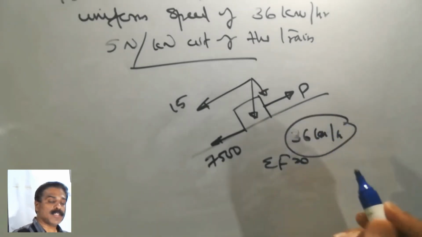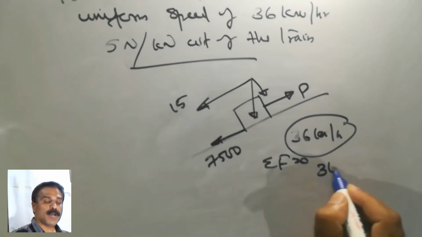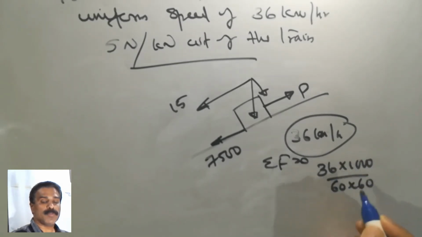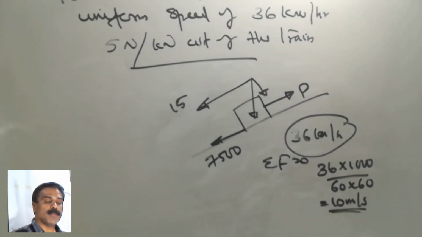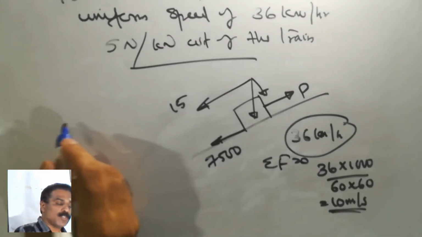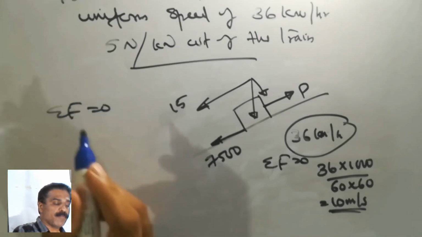And 36 km per hour in meter per second will be 36 into 1000 divided by 60 into 60, which is equal to 10 meter per second. So the net force acting on the body is sigma F equal to 0.